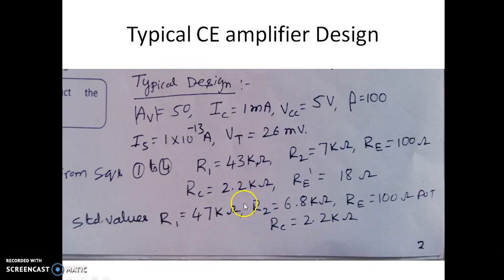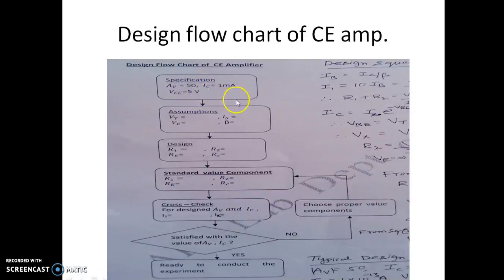Let us see the flow chart of design, how we can proceed. This is how we have done the design of the CE amplifier. First we start with the given specifications: AV is assumed to be 50, IC is given as 1 milliampere, and VCC is given as 5 volt.